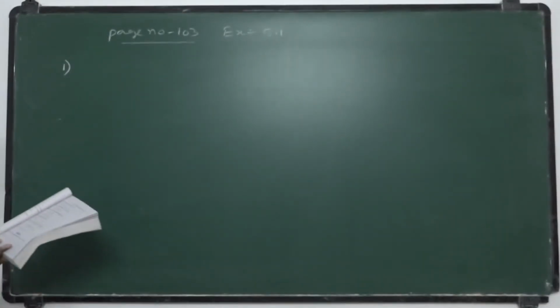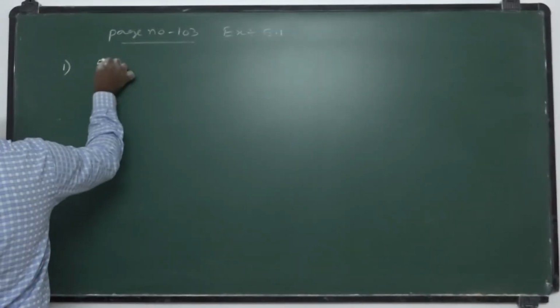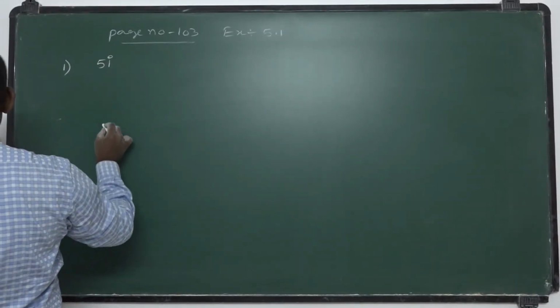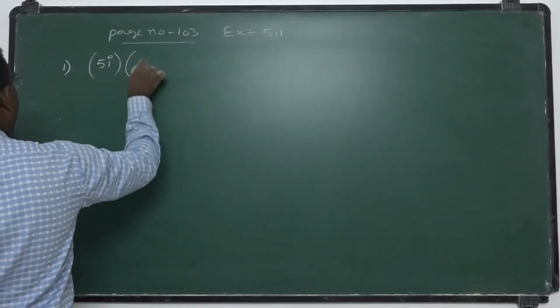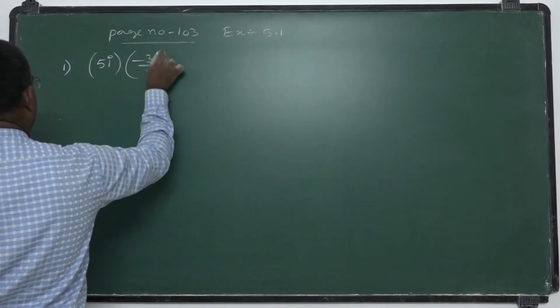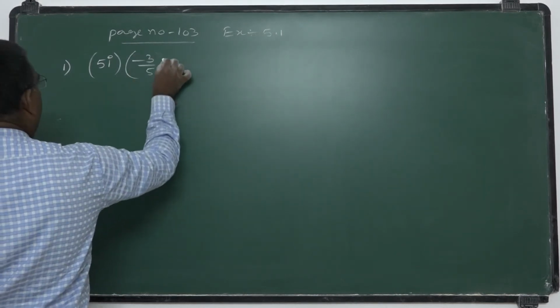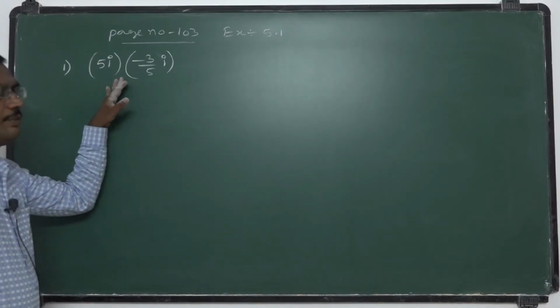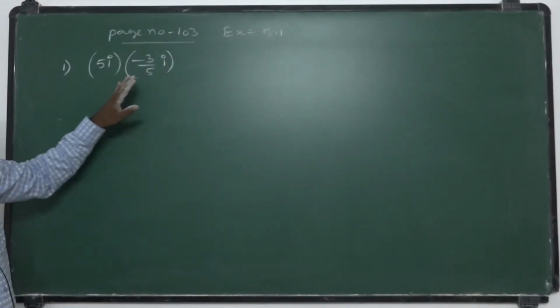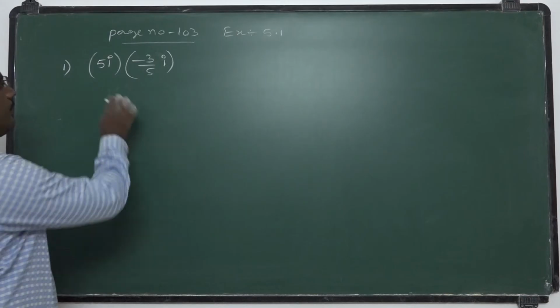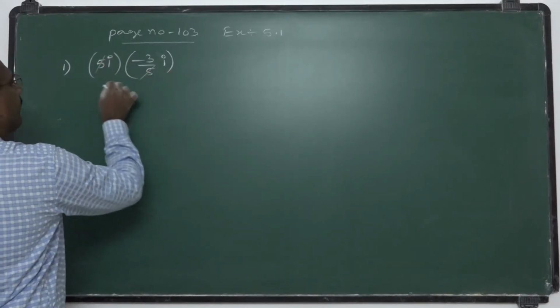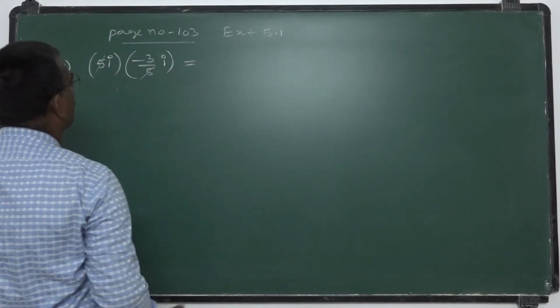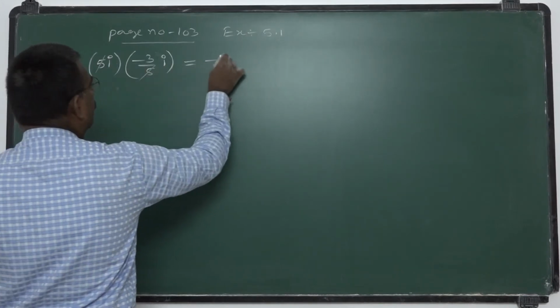So first question, 5i into minus 3 by 5 i. We can express this number in the form a plus ib. Multiplying, the 5 cancels, that's equal to minus 3 into i square.